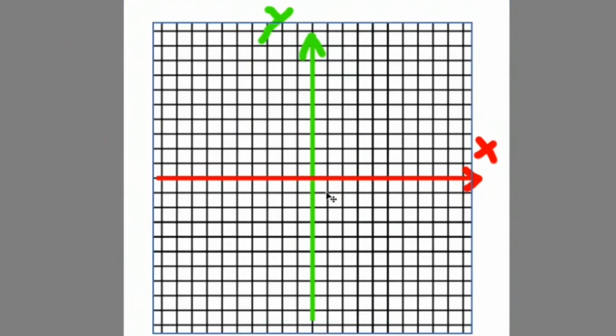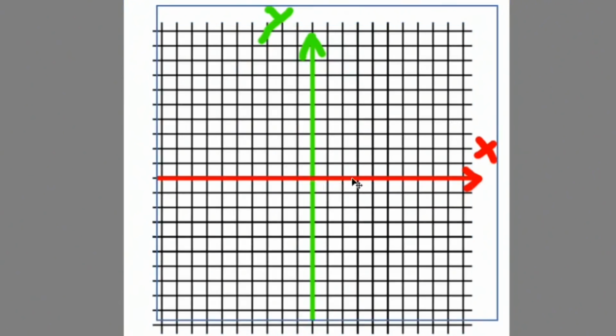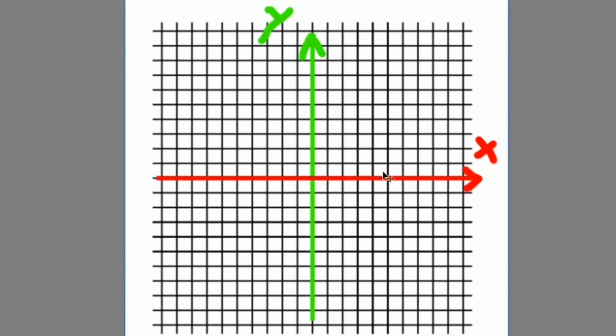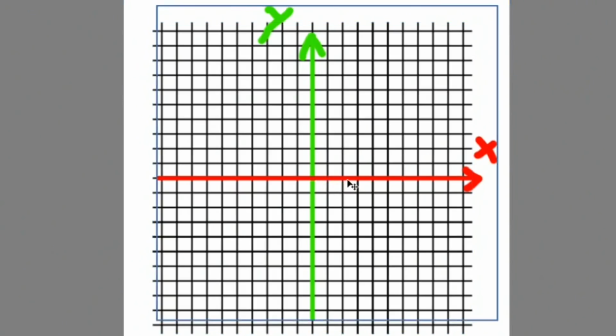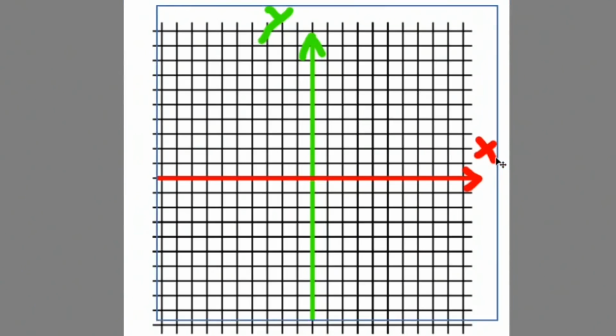Let's say I give the number 3, 4. So 3 would be x, 4 would be y. We go over on the x, 1, 2, 3, and then 4 on y, 1, 2, 3, 4. And there's our position 3, 4, which is x3 and y4. That gives us a position somewhere in this 2D area.